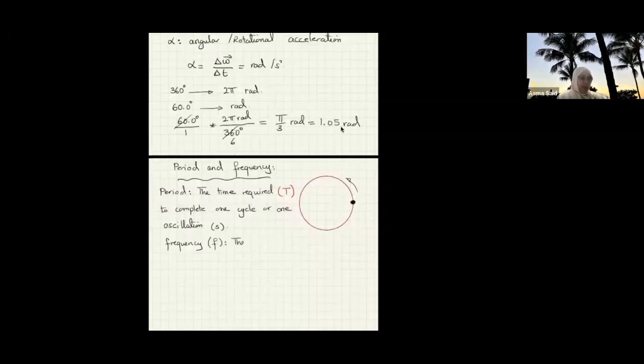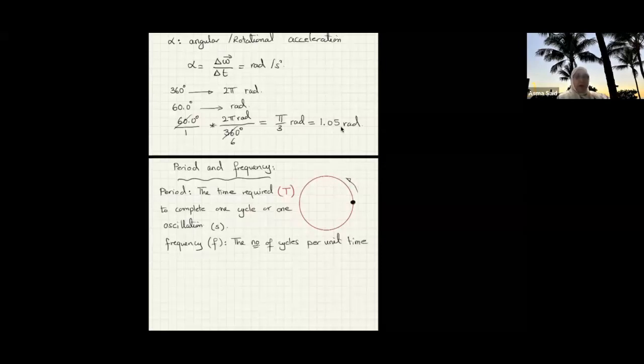It is the number of cycles per unit time, or per second. I am looking at how many oscillations I have in 1 second, and the unit for it is hertz.